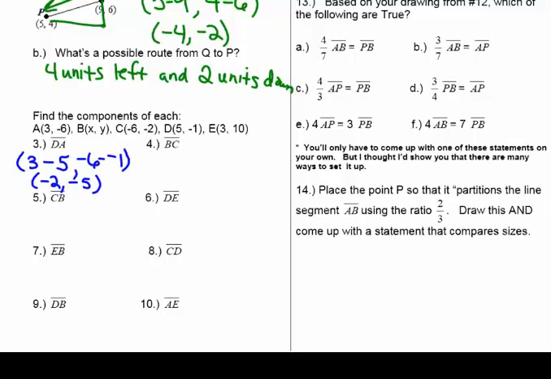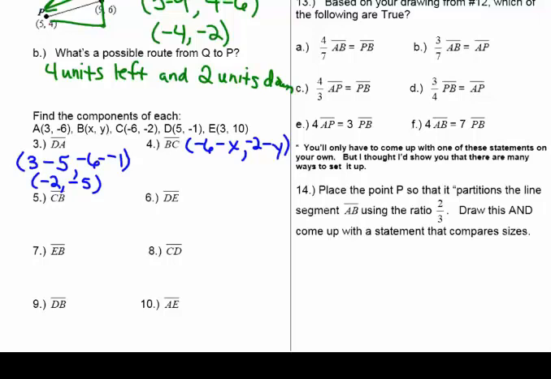All right, so now let's take a look at the segment BC. So again, we're going to start with the C, and so we have -6 minus something for the x's, and then -2 minus something for the y's, and then we go to B, and we see that the x value is there and the y is there, and so we get -6 minus x for the x component, and -2 minus y for the y component.